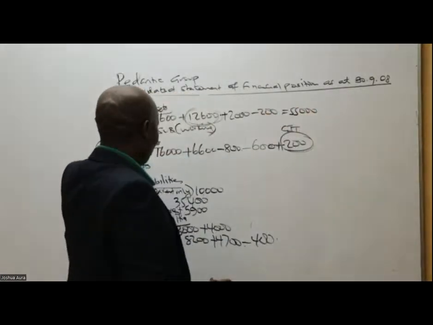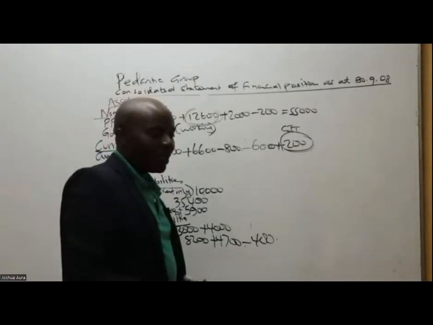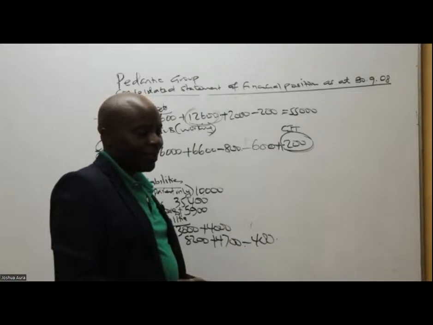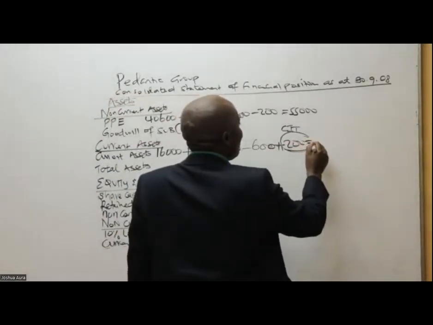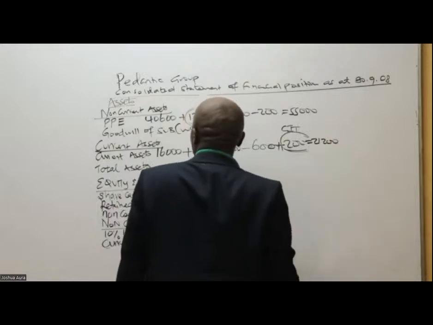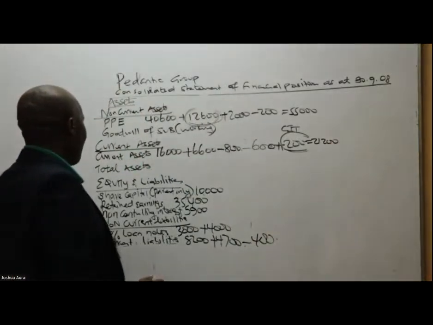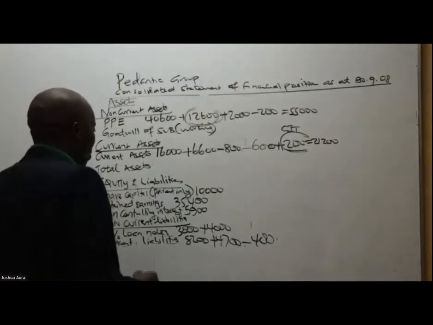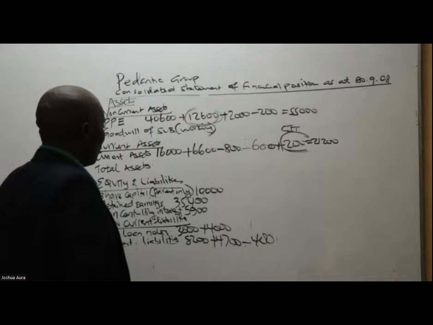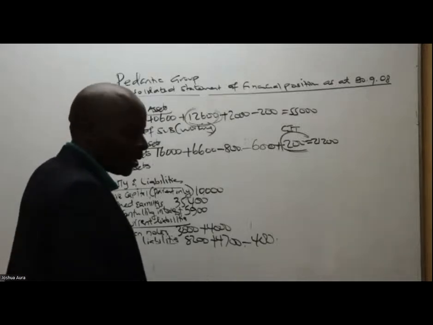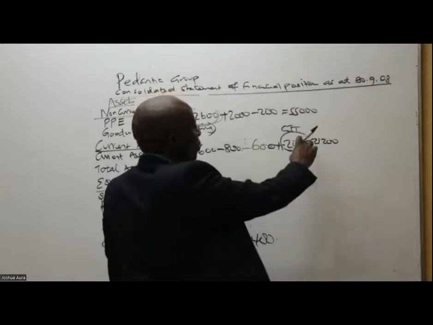Okay. Current assets, who has the figure for current assets? Current assets 21,200. Who has the figure for the 10% loan notes? Current assets is 21,400, sorry for that.